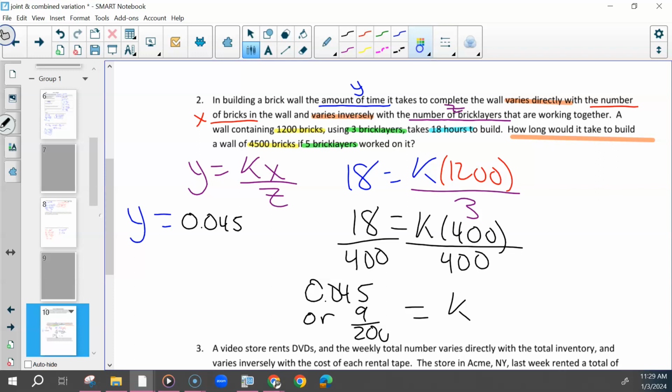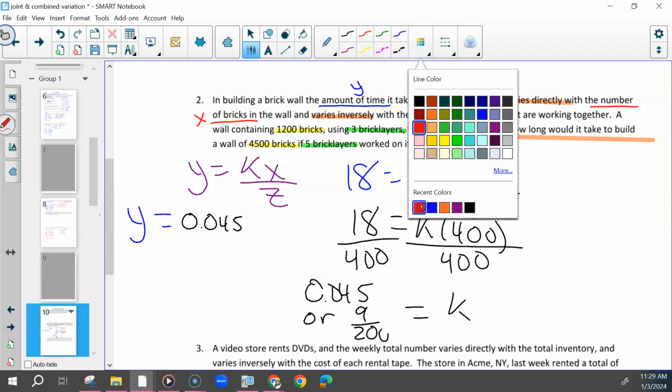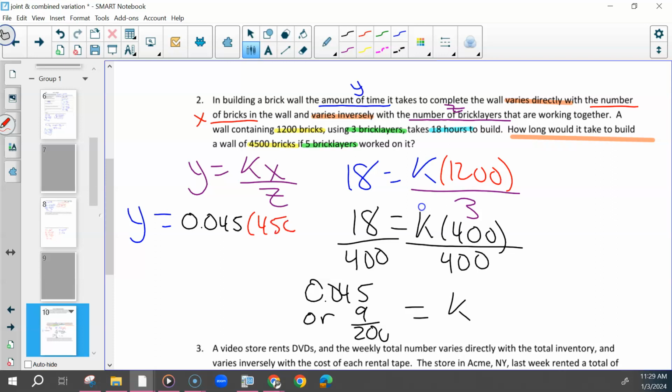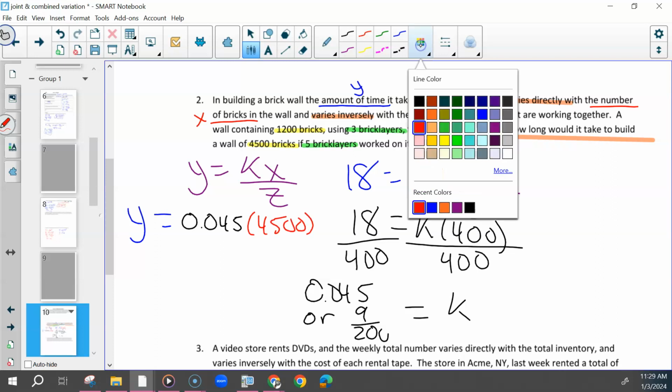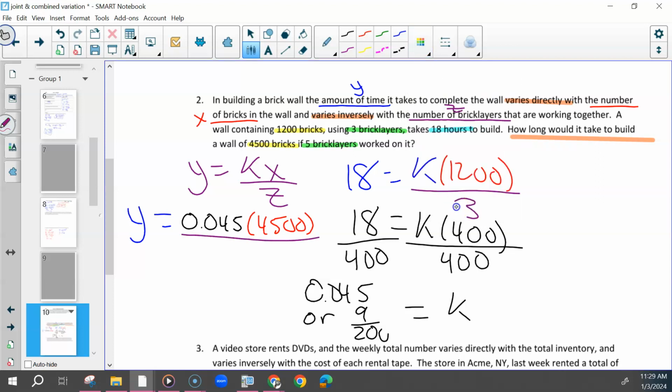Our new x is 4,500. And our new z is 5. You can put that all in at once. You could multiply then divide. It's up to you. Figure out what y is.